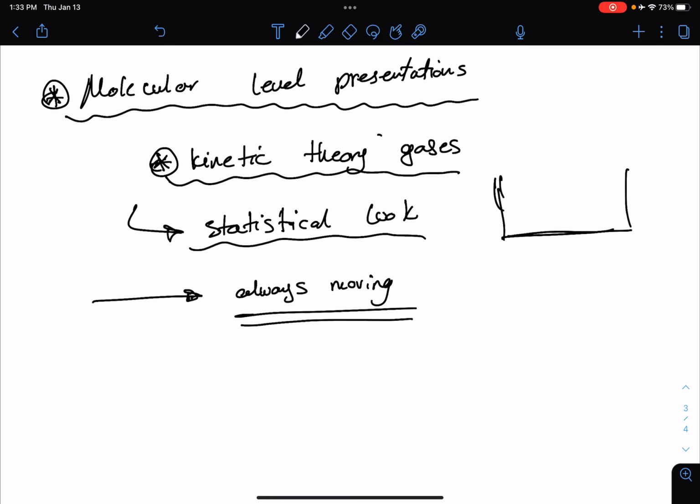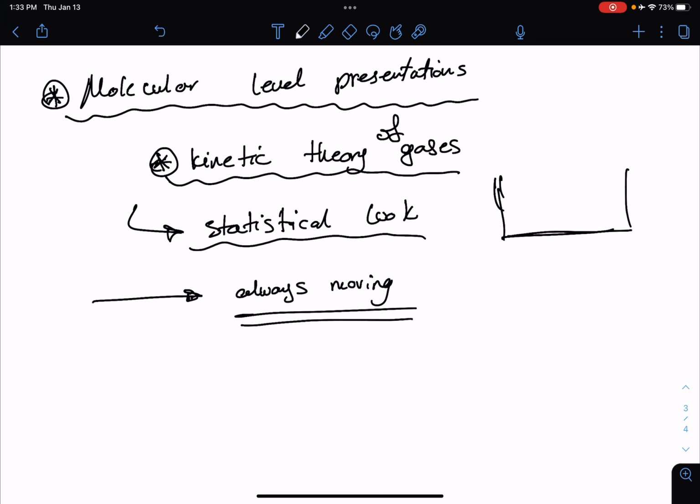This is the kinetic theory of gases. We are going to expand this to cover liquids and solids a little bit later, but right now we are only interested in gases. So one of the assumptions we are going to make is that molecules are always moving, right?